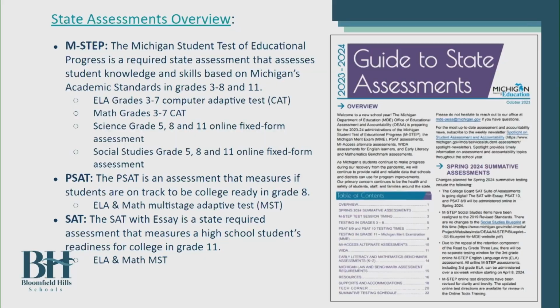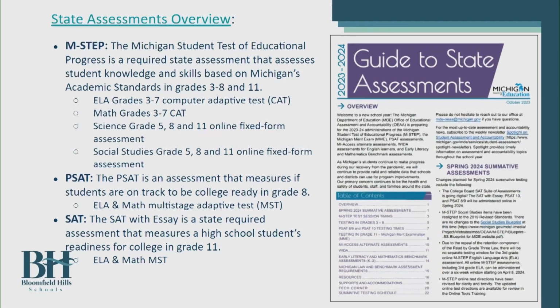And then we give the PSAT 8. We also give 9 and 10, but they're not accountable tests, so we don't get the same results back in the same fashion. But that is given in ELA and math as well, and that's called a multi-stage adaptive test. So people will still say it's computer adaptive, and it is, but instead of choosing the next question based on the response to one question, they take a whole half of the assessment, and then the result of that half chooses the next half of the assessment.